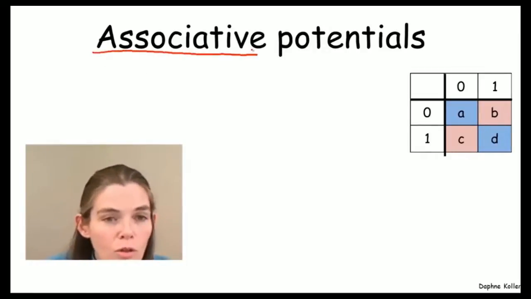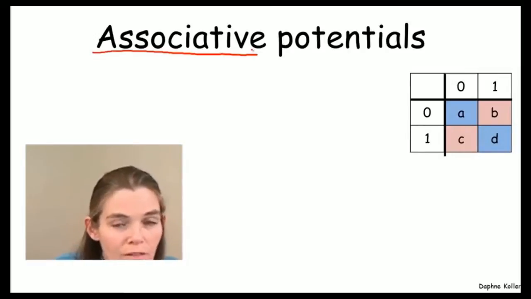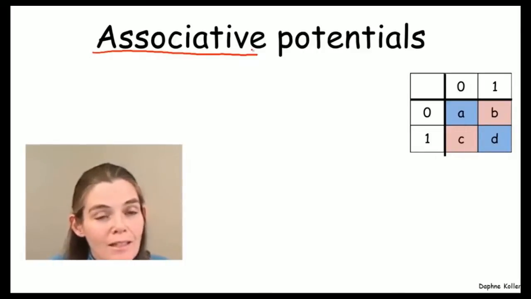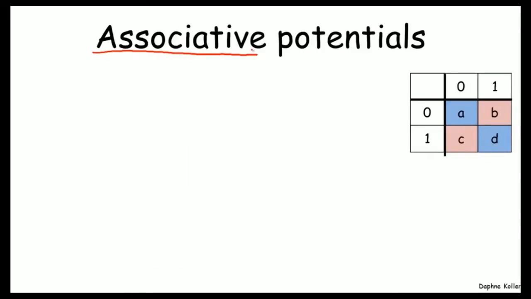Another very commonly used class of tractable MAP subproblems are those that involve what are called associative potentials. Associative, also called regular in some cases, are cases where the variables that are connected to each other like to take the same values. So let's consider this example in the context of binary valued random variables, where we have a variable xi and a variable xj that are connected to each other, and we have the on-diagonal potentials, the 0,0 and the 1,1, which are the cases where xi and xj take the same value, and we have the off-diagonal potentials, 0,1 and 1,0, where the variables take on different values.